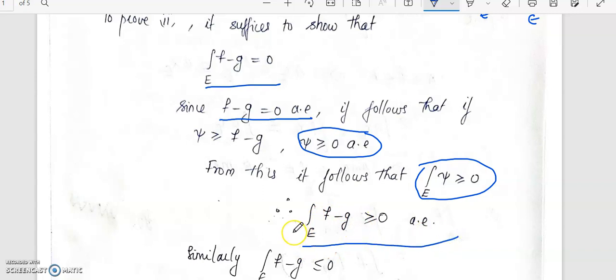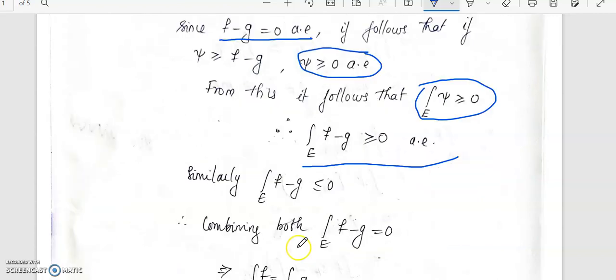And now similarly we can show that integral over E of f minus g is less than or equal to 0. That is by taking phi such that phi is less than or equal to f minus g. So we can look at the supremum in that case. So that will be integral over E of f minus g, which will be less than or equal to 0.